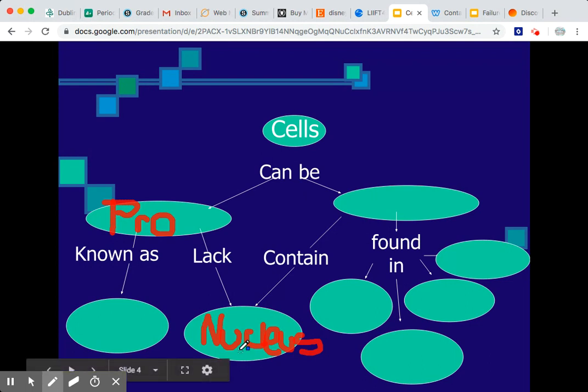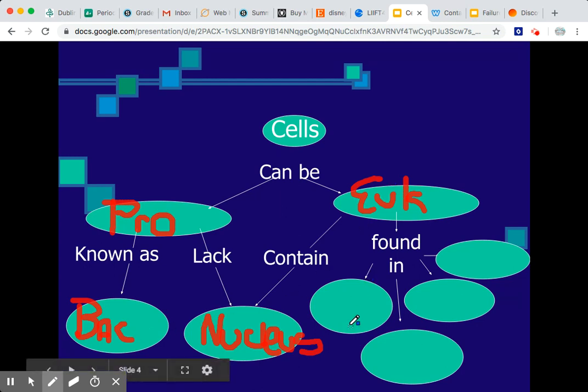So prokaryotes don't have a nucleus. Eukaryotes, and again, I'm abbreviating this, do have a nucleus. Prokaryotes are mostly bacteria. And this can be bacteria or it can be archaeobacteria. We've spent a little bit of time talking about archaeobacteria last week.